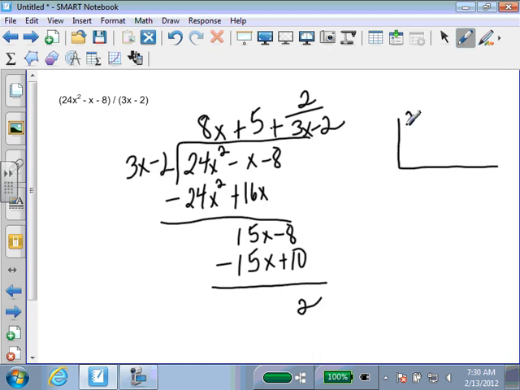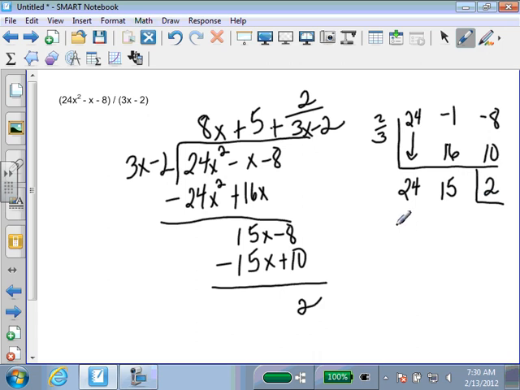So we have 24, minus 1, minus 8, and we will be dividing by 2/3, the 0 that goes with that factor. So bring down 24. 2/3 of 24 is, let's see, 8 comes to 16. Minus 1 would be 15. 2/3 of 15 is 10. So we have 2 as our remainder.